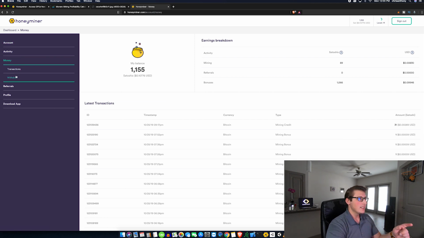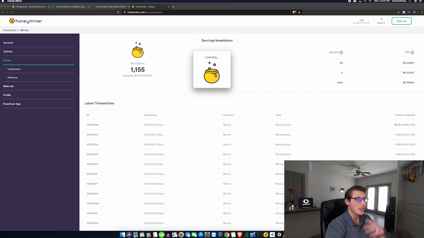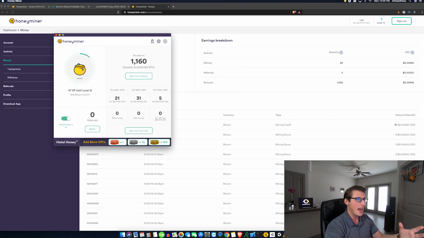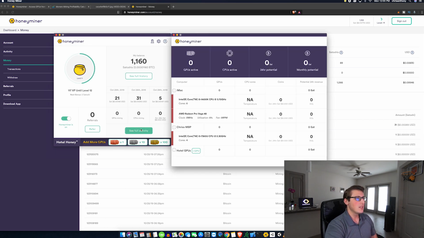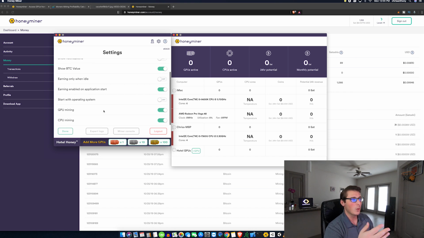Now, I really like this dashboard as well because it shows you the miner console here, so you can actually see how many hashes you're getting as time goes on. And it's also really nice because it gives you this console here where it basically lays out all of the CPUs and GPUs that you are mining on your Honeyminer.